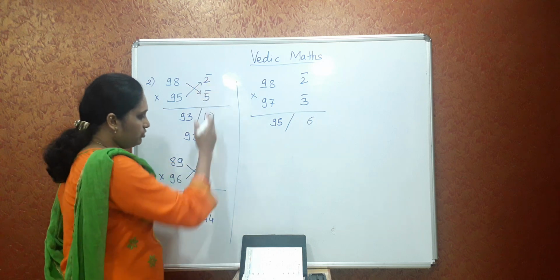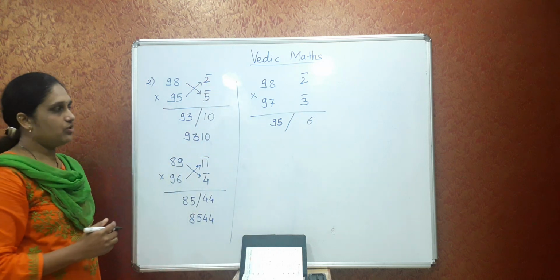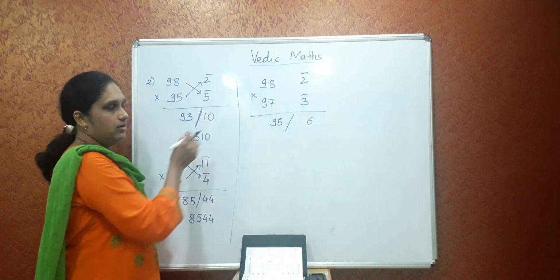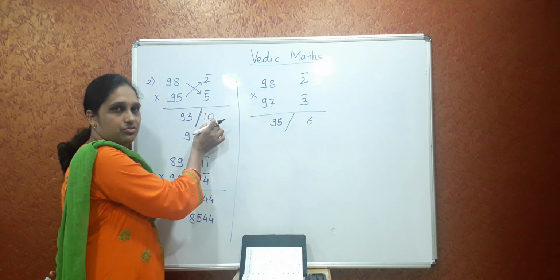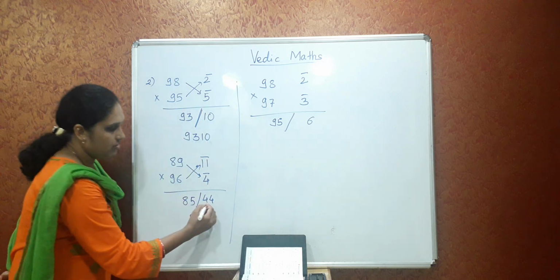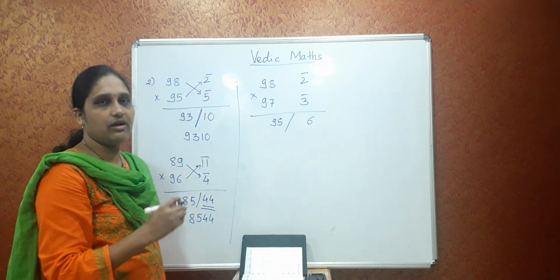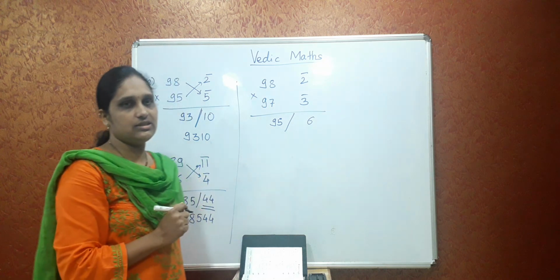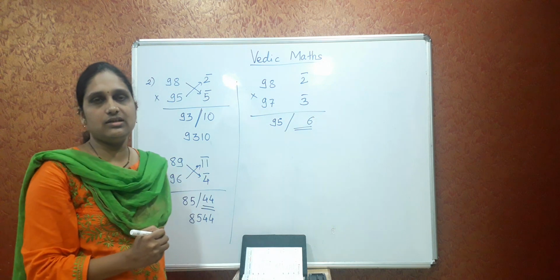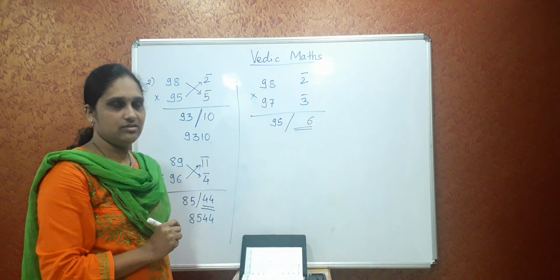Now in these two multiplications, what do you find after the slant line? Here is a slant line, and after that how many digits can you observe? There are 2 digits. In this also, how many digits are there after the slant line? 2 digits. And now in this sum, how many digits are there? Only 1 digit, isn't it?